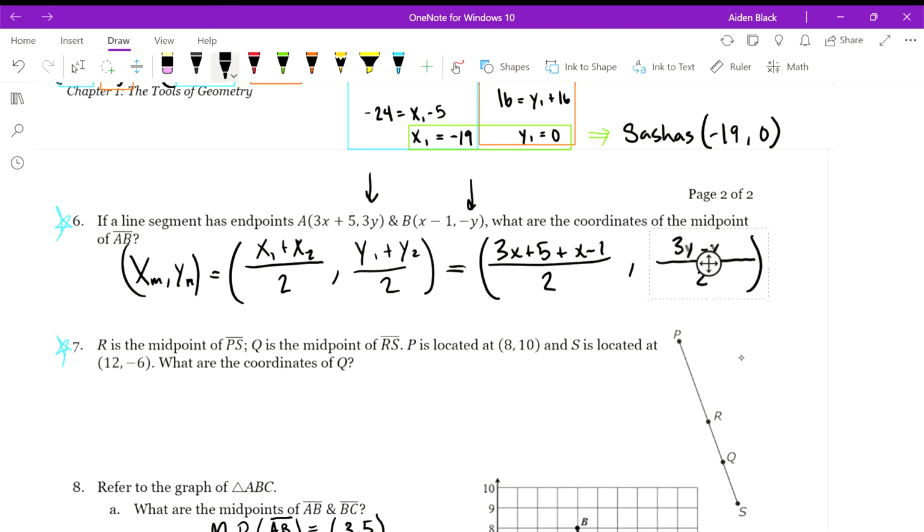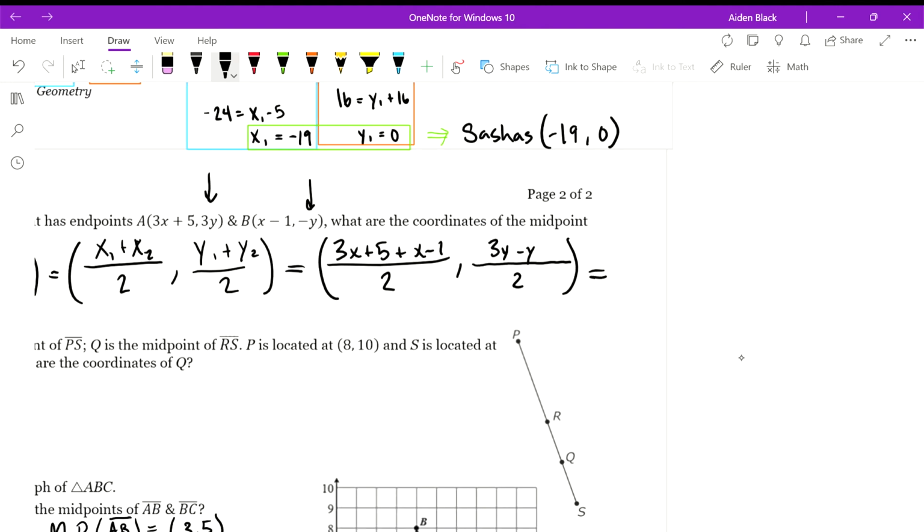And when we reduce this, we're going to subtract 1 from 5, which gives us 4. And we are going to add 1x to this 3x, which gives us 4x. So 4x plus 4 divided by 2, and then in this case, for our y coordinate, it's 3y minus y, which is just 2y.